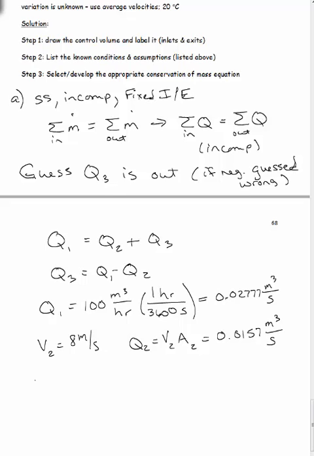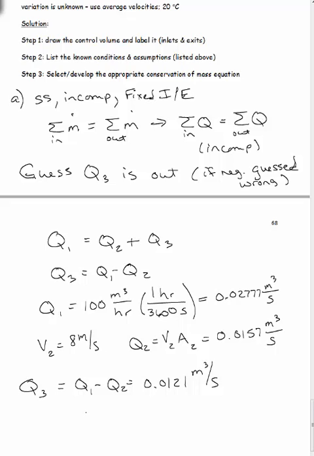All right, so now, easy, Q3 is just Q1 minus Q2, which comes out to be 0.0121 meters cubed per second.